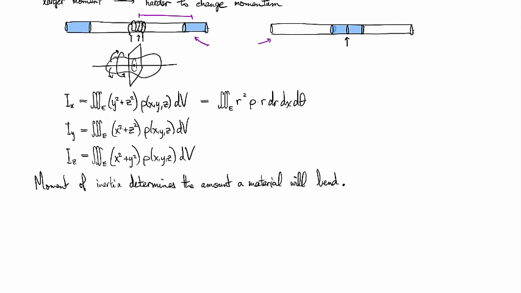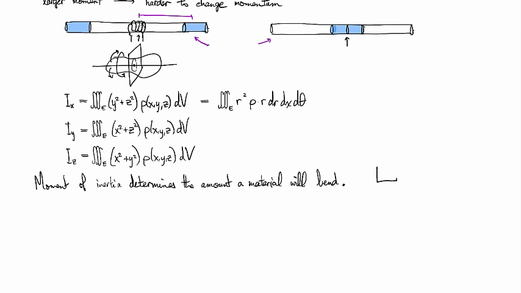And so a higher moment of inertia is going to result in a more rigid, less bendy type of object. And so you can say, okay, how do we make a beam that is as straight and non-bendy as possible?